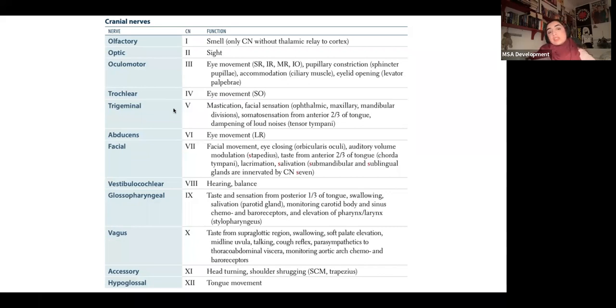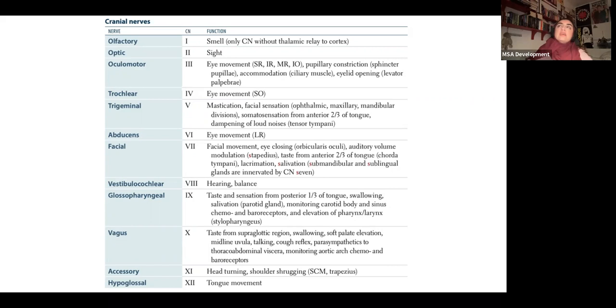Another question that they can ask you, for example, about the facial nerve is, you know that the facial nerve goes to the internal acoustic meatus in the base of your skull. So if you know that, then you know, for example, that if you have a vestibular schwannoma, for example, in neurofibromatosis type 2, then the facial nerve can possibly be affected besides just the vestibulocochlear nerve.